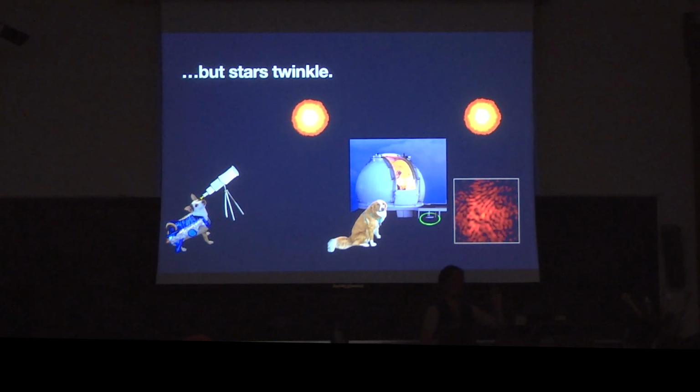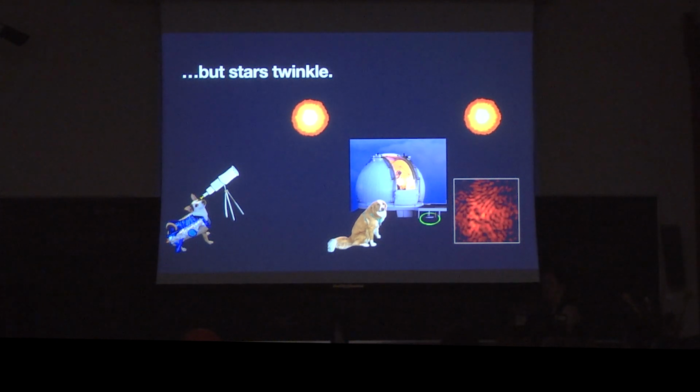And it changes it on really fast timescales. And in fact, if you had a 10-meter telescope and you didn't do anything fancy with it, you would end up with about the same blurring as you might expect through a 20-centimeter small telescope just because of Earth's atmosphere. So we need to fix that.